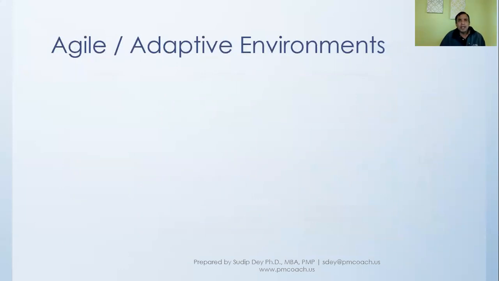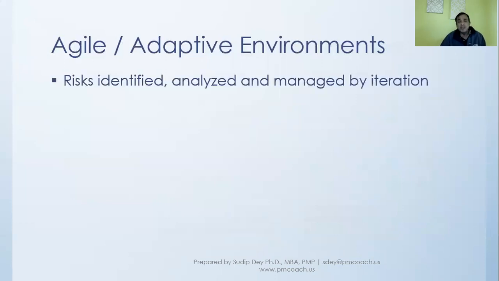Now, typically, the more complex and variable an environment is, the more risk there will be. If you remember, when we talk about the agile, adaptive environment, we adopt that agile approach because there is a lot of variability and a lot of things can change. The way risk is handled in this kind of environment is in every iteration.